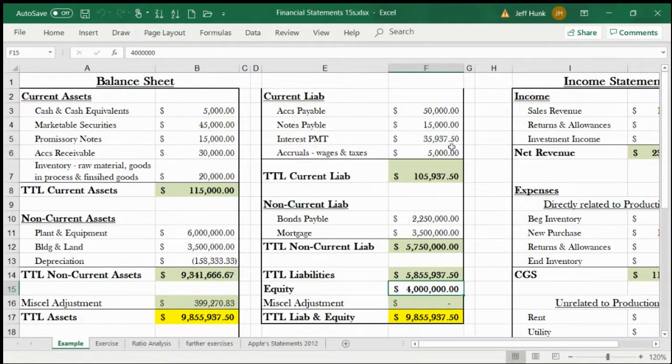What does that mean, accrued wages and accrued taxes? I'm going to get to that later. But first of all, these line items in the current liabilities do not all mature in 1 year, I mean, they mature all within 1 year, meaning some of them can be in 1 month, some of them must be paid in 2 months, some in 3 months, 6 months, 9 months.